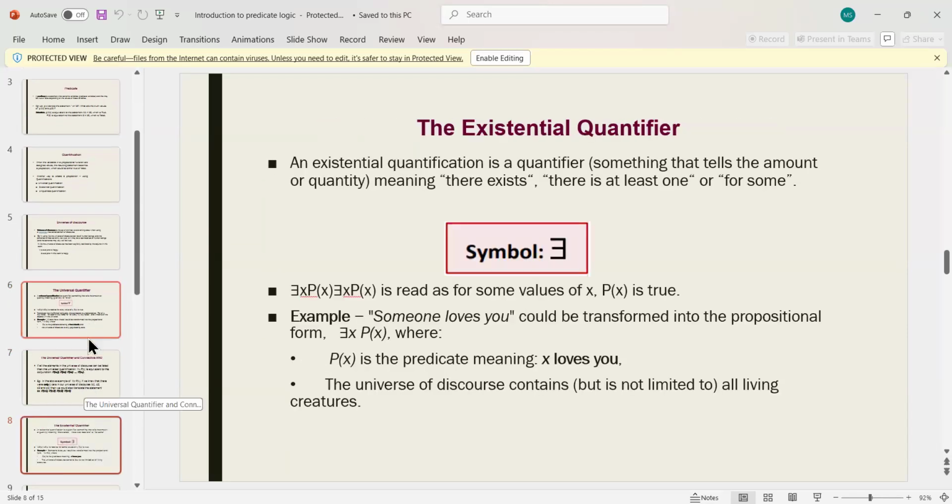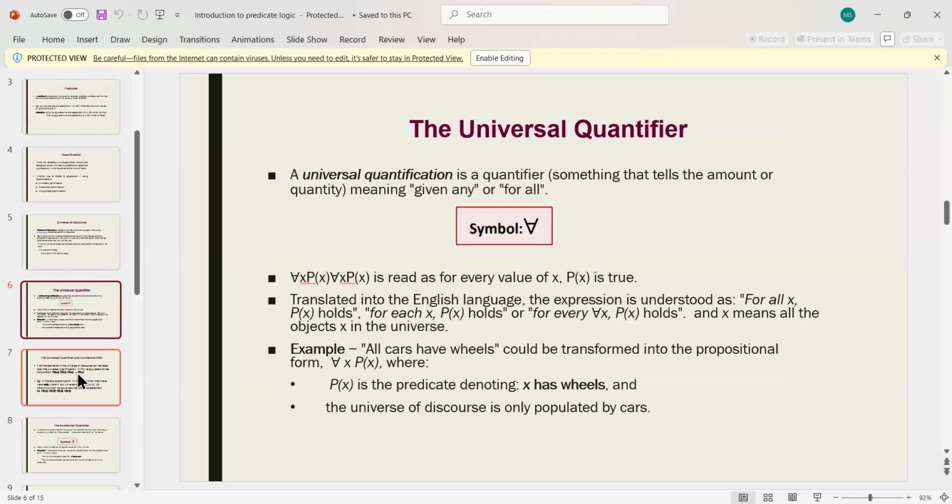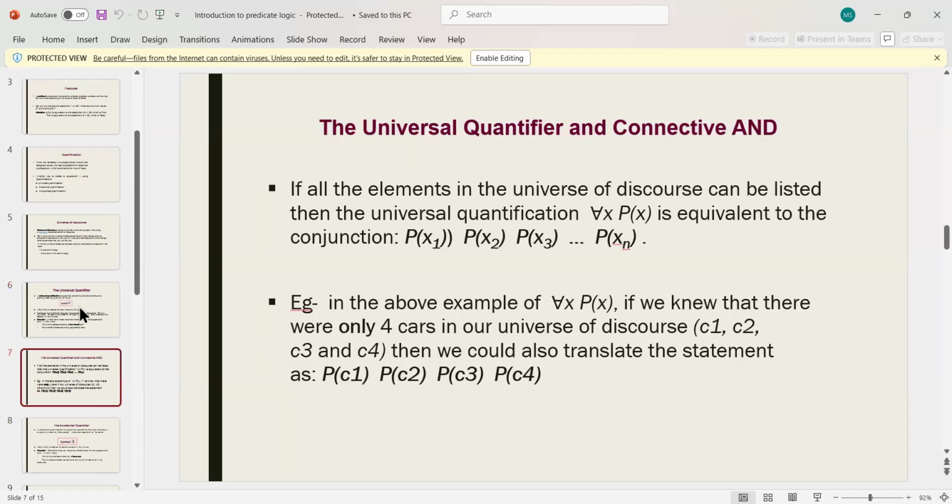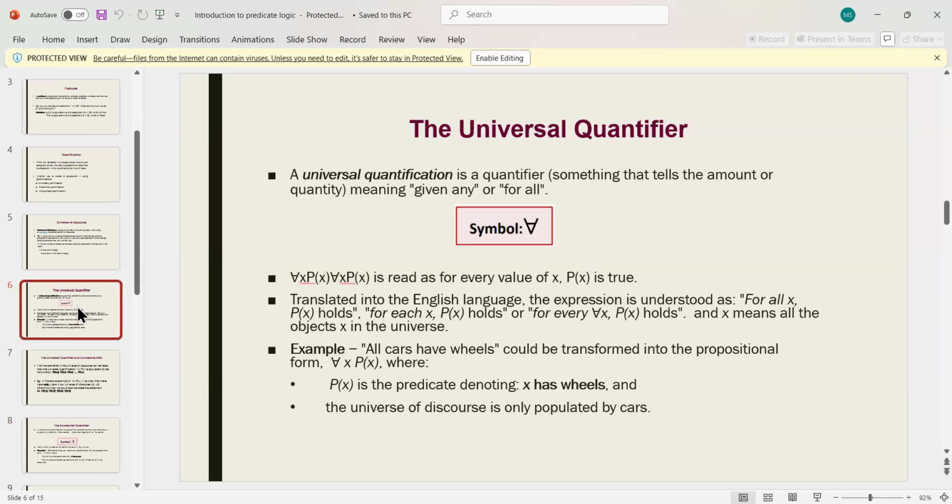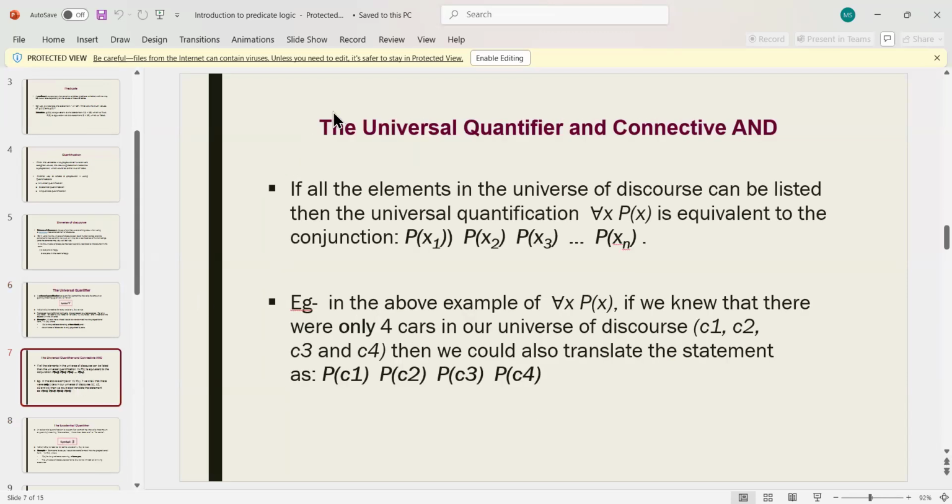Now existential quantifiers, this is universal. If all the elements in the universe of discourse can be listed, the universal quantification for all x, p of x is equivalent to the conjunction p of x1 and p of x2 and p of x3 and so on up to p of xn.